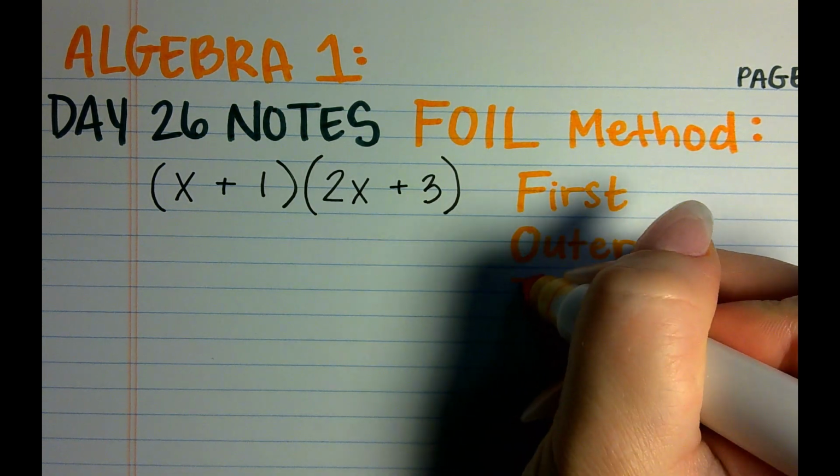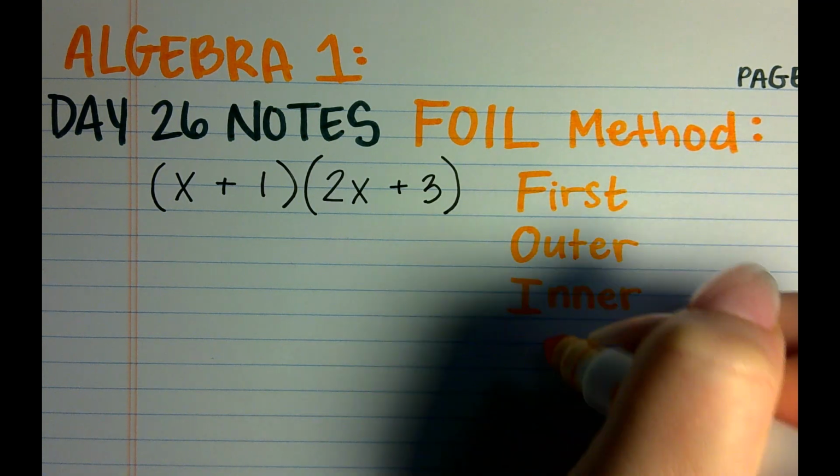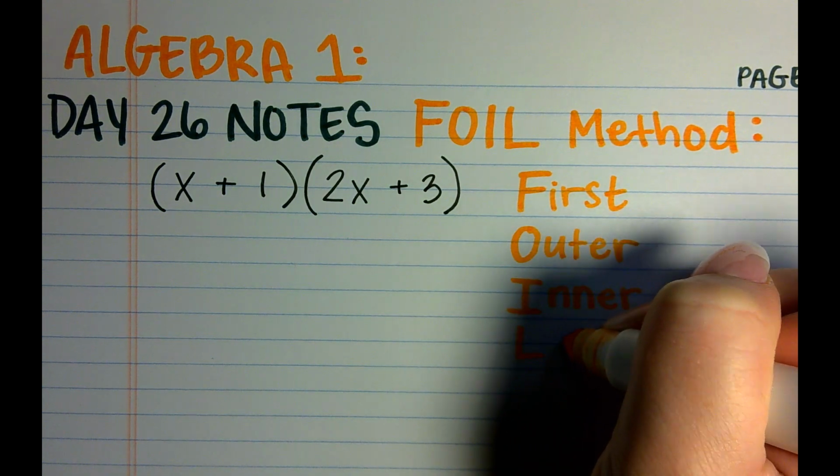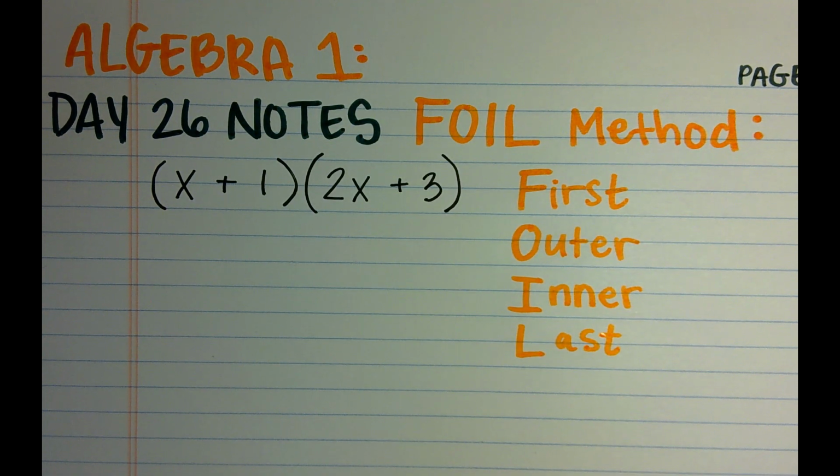I means inner. And L means last. So I'll let you guys copy that down, and then I'll explain a little more what those words mean, how they're going to help us. First, outer, inner, last.